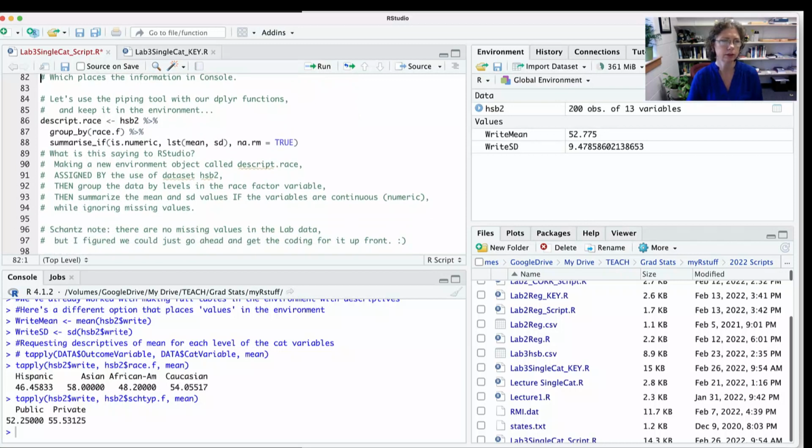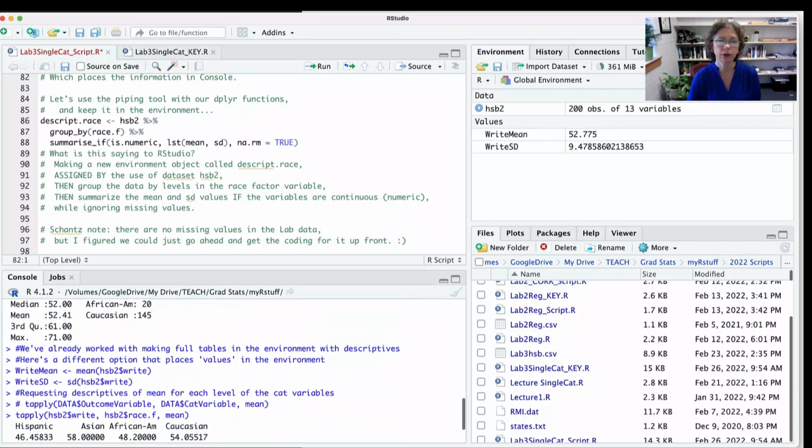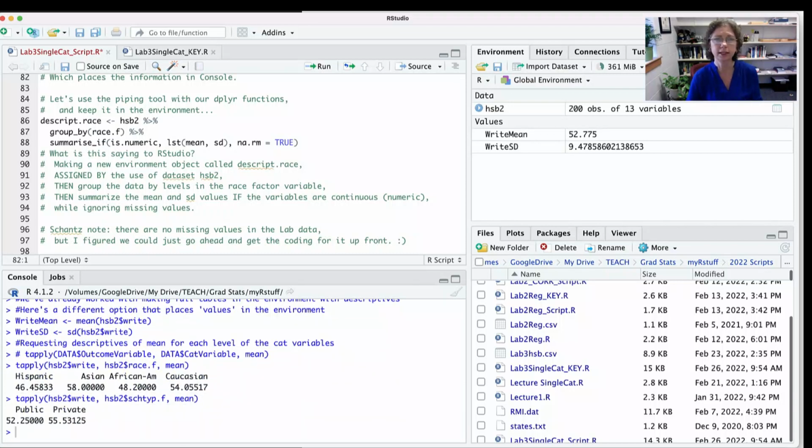So we're also going to want this information in our environment so we can get to it later and not have to scroll back and forth through the console to get the information. So here, what is this saying?